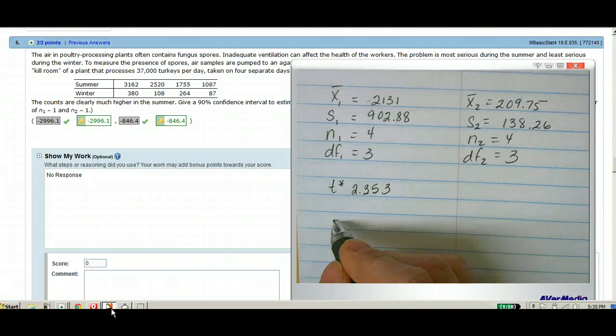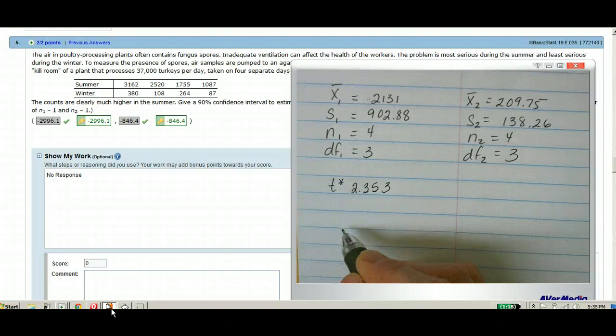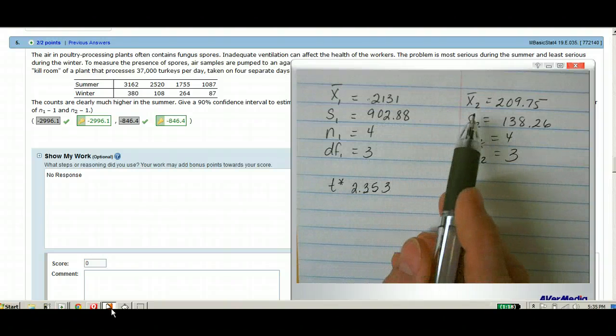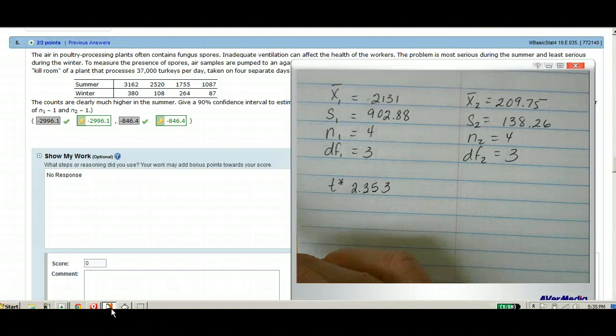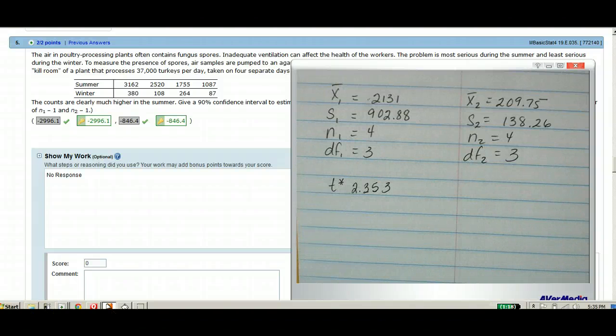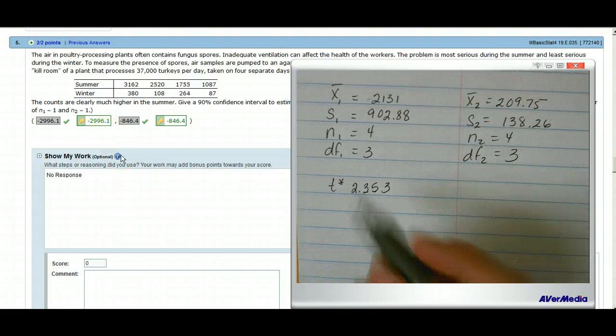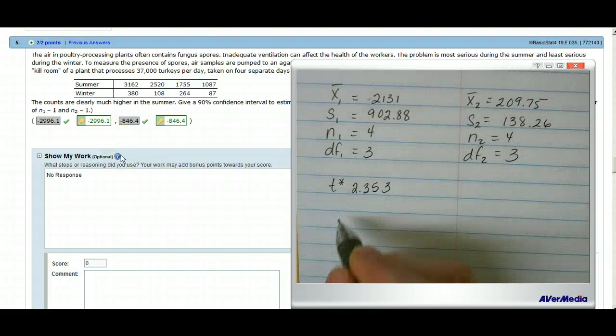All right, confidence intervals. We're going to find the difference of the x bars here. Because it said in the summer how much greater it was in the winter, I took x bar sub 1 minus x bar sub 2, but I see in this one, I think if you enter them in the reverse order over here, you'll be fine too. But because they have negative values, I'm going to put them in so that mine matches there.